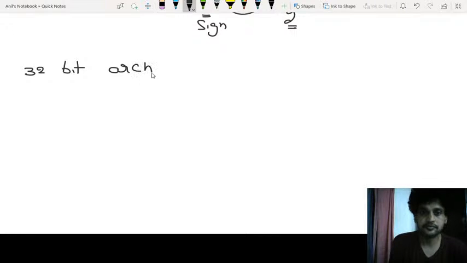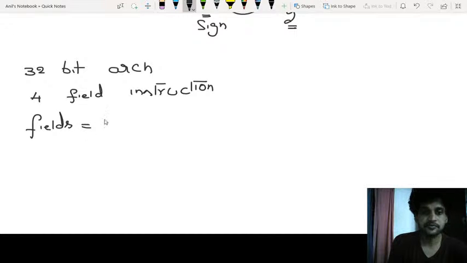32-bit architecture. Four field instruction. Fields: opcode, a register, a memory address, and a register, which makes two registers.